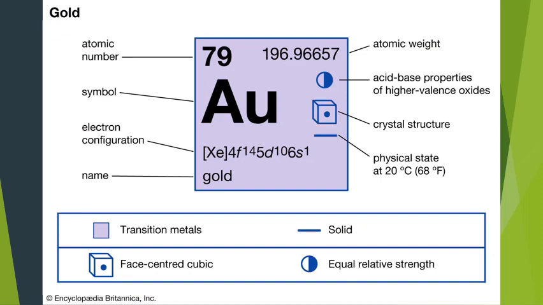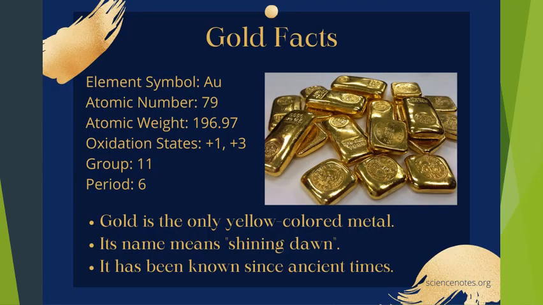This is gold, which has the atomic number 79. Platinum aurum, and which is a transition metal, solid in state, face-centered cubic crystal structure, with acid-base properties of higher valence oxides. Facts related to gold: gold is the only yellow colored metal which is shiny in nature.